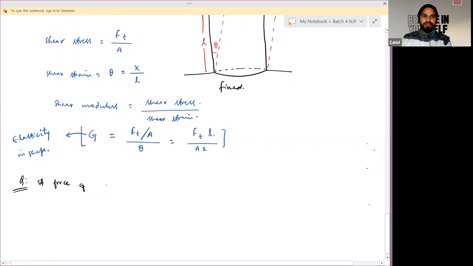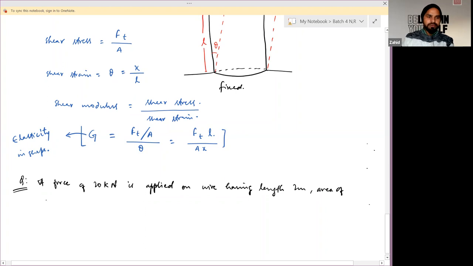A force of 20 kilonewton is applied on a wire having length 2 meters, area of cross section 4 mm square, hanging by any rigid support.